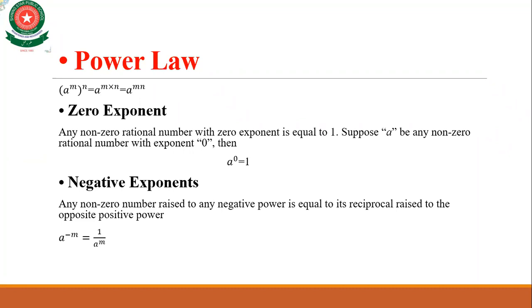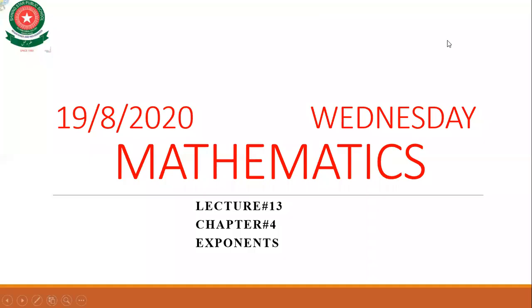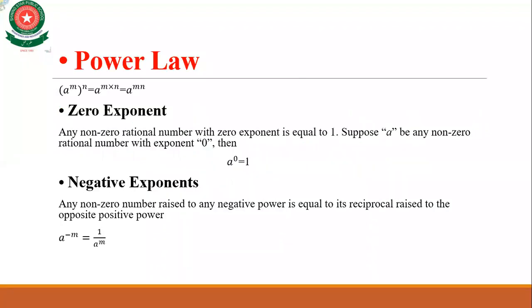The next one is the zero exponent. Any non-zero rational number with zero exponent is equal to 1.